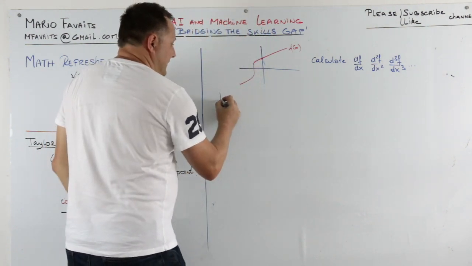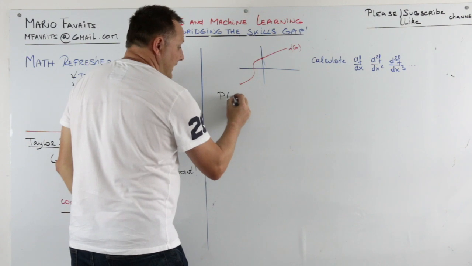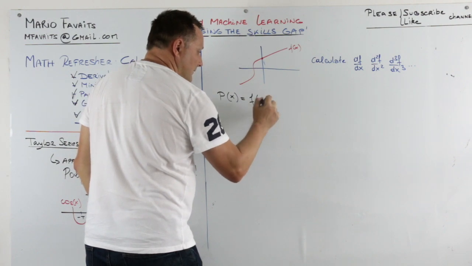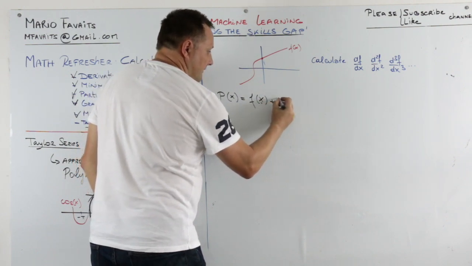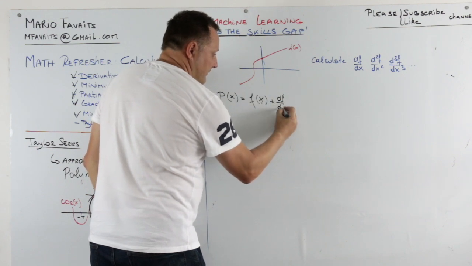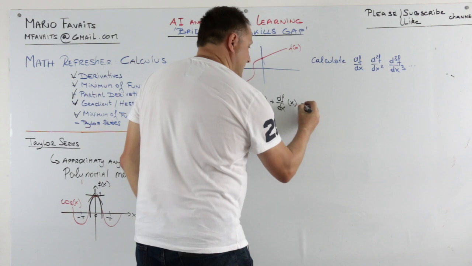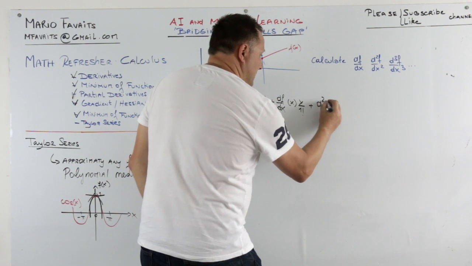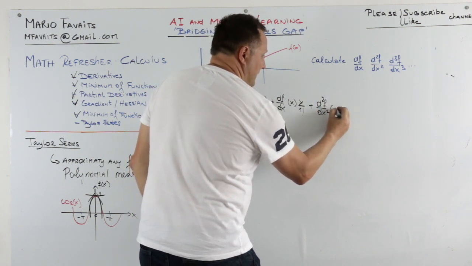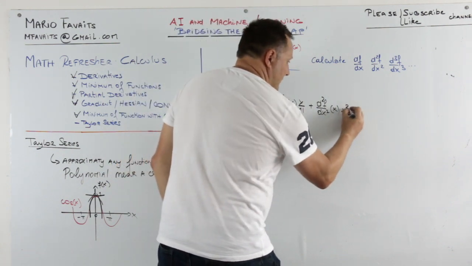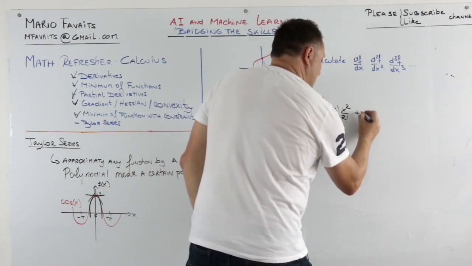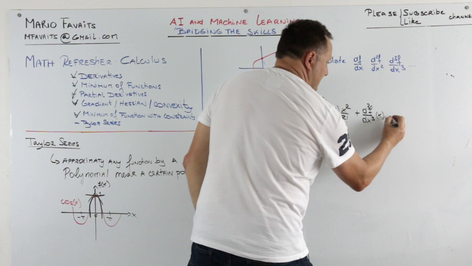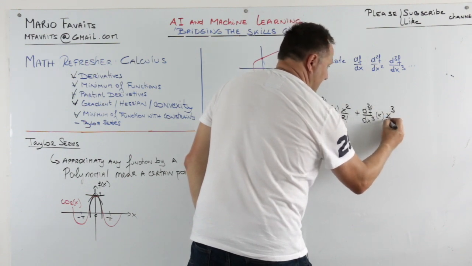And we know then in that case that p of x equals f of x plus the first derivative at the point times x divided by 1 factorial, plus, and we just go on, the second derivative d squared f dx squared at the point times x squared divided by 2 factorial, plus the third derivative d3f dx to the third at the point times x to the third divided by 3 factorial.